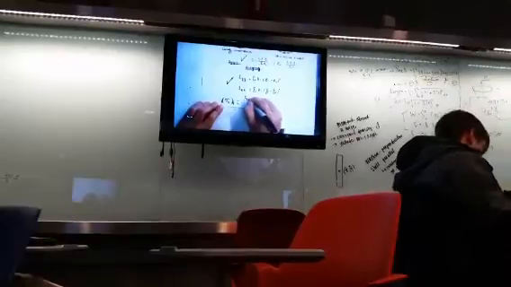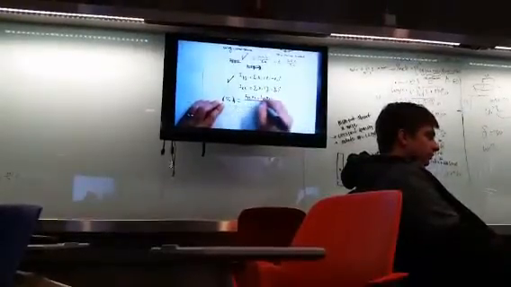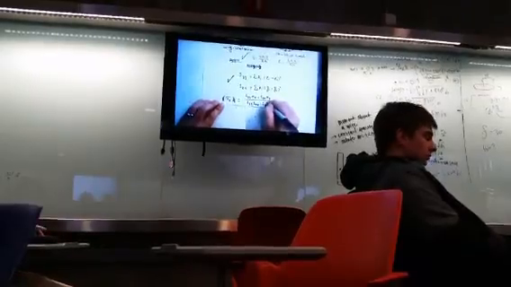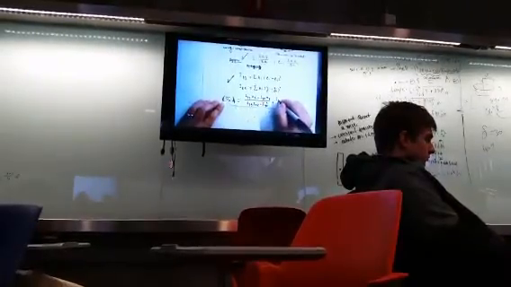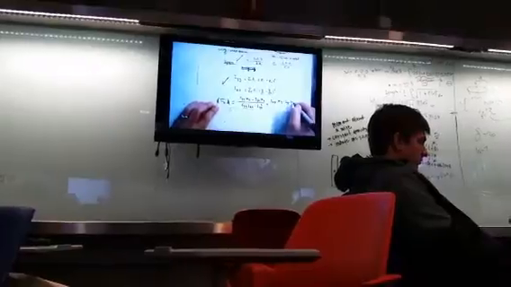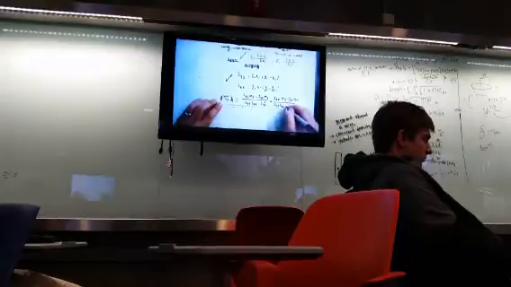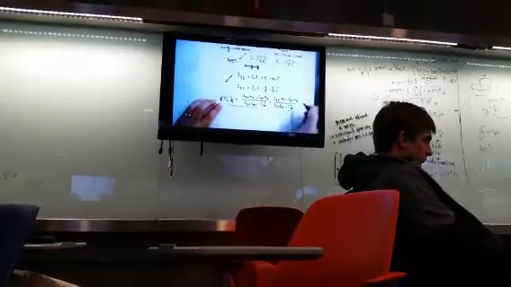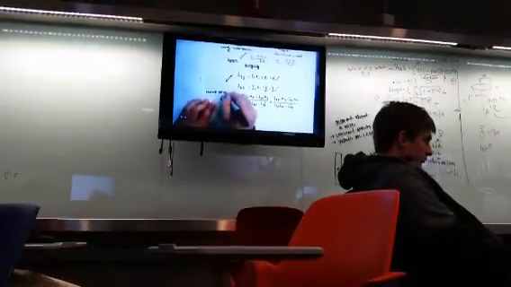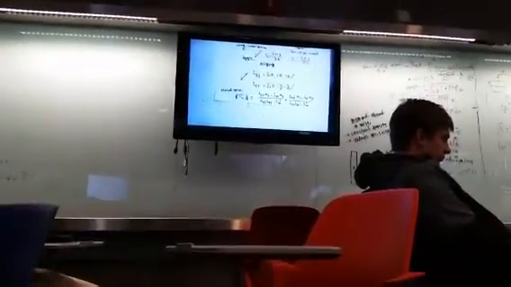It's Iyy times Mz minus Iyz times My, divided by Iyy Izz minus Iyz squared, plus Izz My minus Iyz Mz, divided by Iyy Izz minus Iyz squared. This is a normal stress distribution in a beam cross-section when you apply a bending loading on the beam.